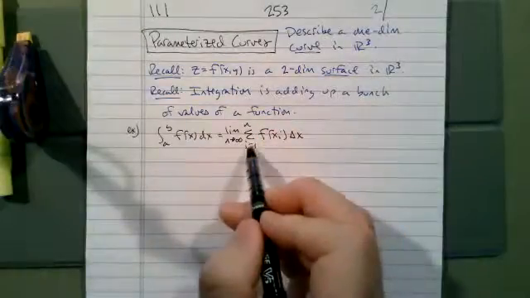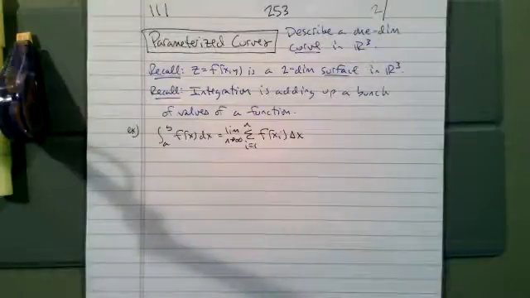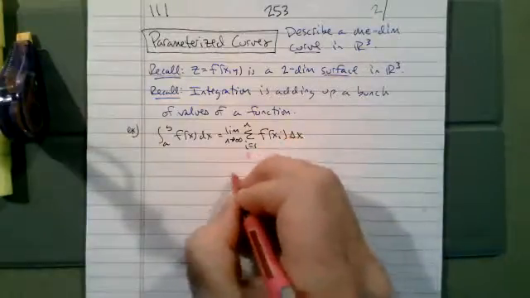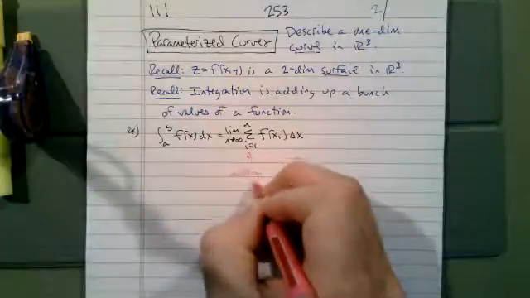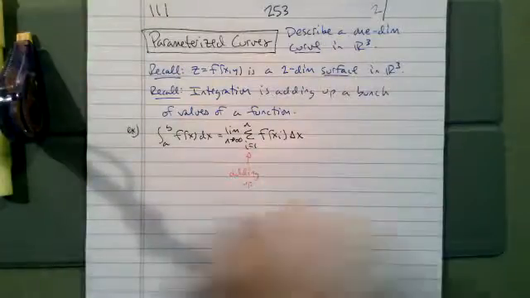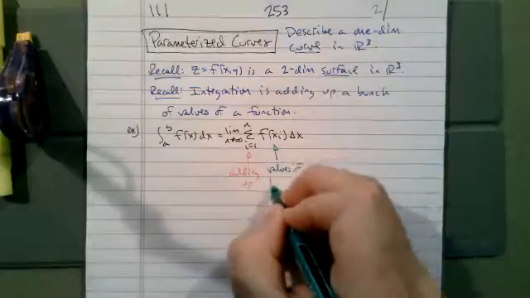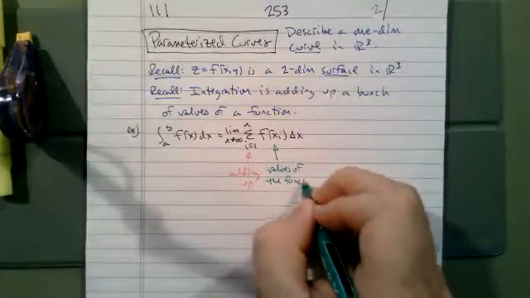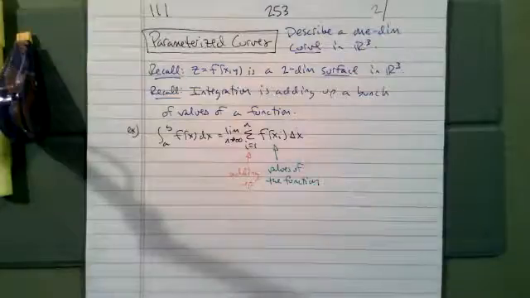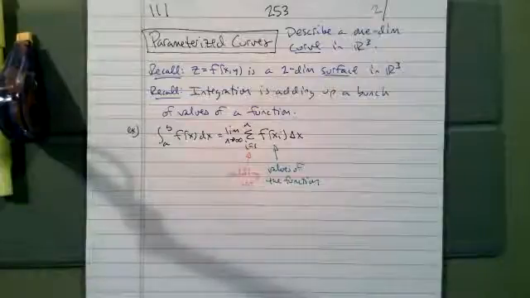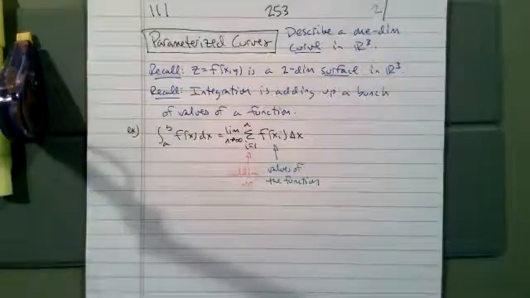We're just adding up values of the function. So that's what integration is about. We're evaluating the function a bunch of times, and then we're just finding the sum of those values, subject to some weights, and so on.